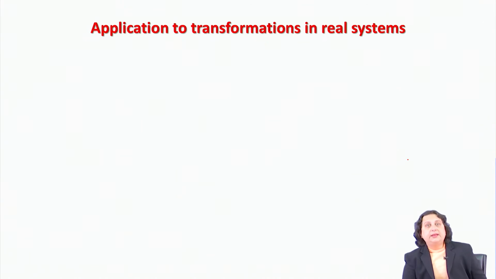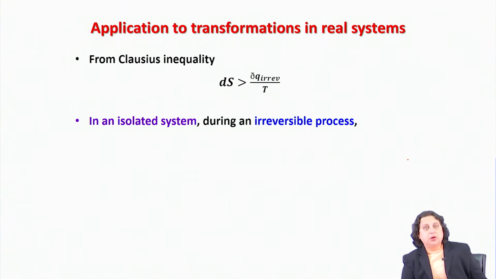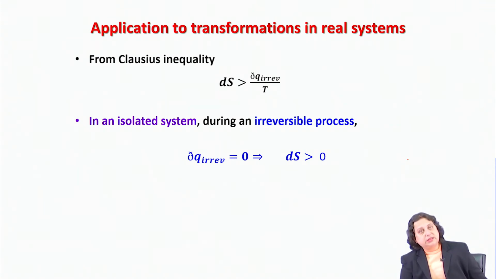Now, if I apply these concepts to the transformations in real systems, then I find that from Clausius inequality, dS must be greater than dq irreversible by T. Now, if I have an isolated system, in that case, during an irreversible process, what would be the simplification? There will be dq irreversible equal to 0.